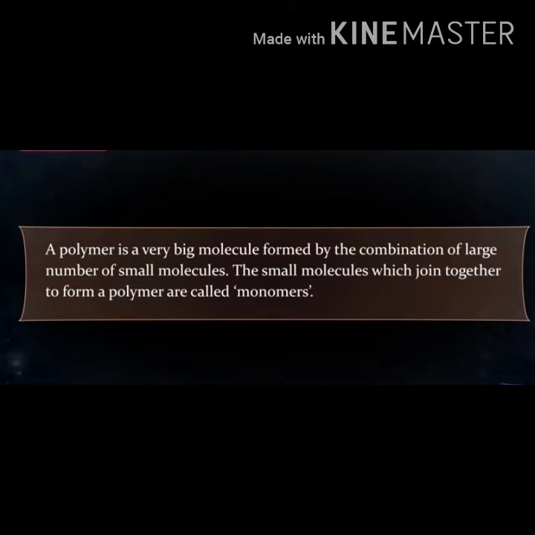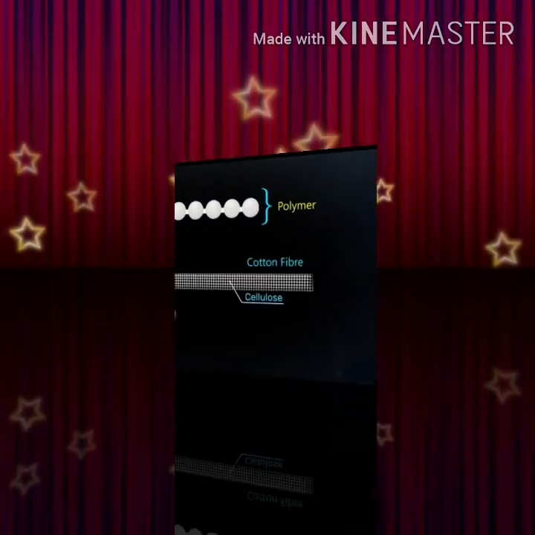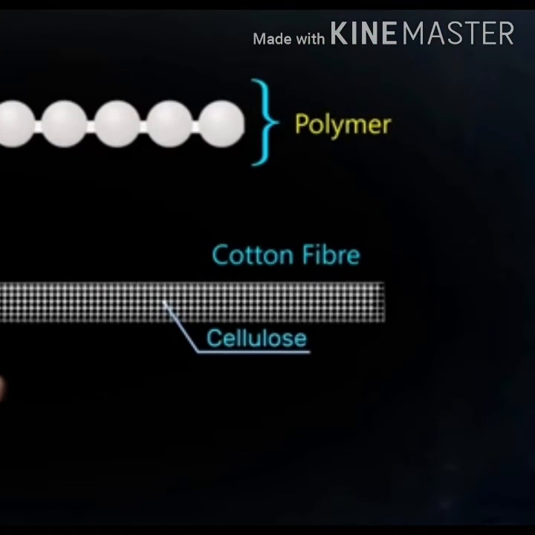So, how will you define a polymer? A polymer is a large molecule formed by the combination of many small molecules. The small molecules which join together to form a polymer are called monomers. Students, think of any fiber. It is made up of polymer. In case of natural fiber, when fiber comes from plants, cellulose is the polymer, and the monomer in cellulose is glucose.